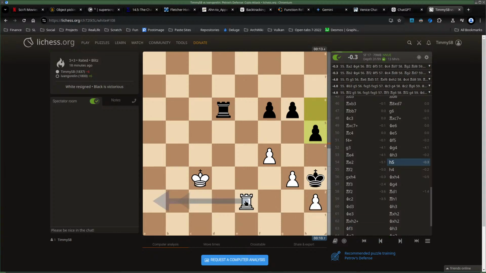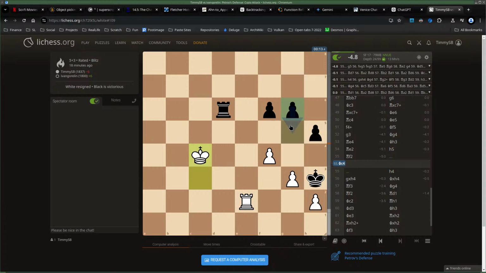So the only way to keep this a draw is play the rook over there. Over there. Shocking. See what happens if I don't.